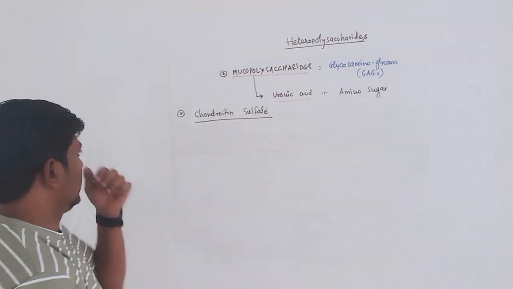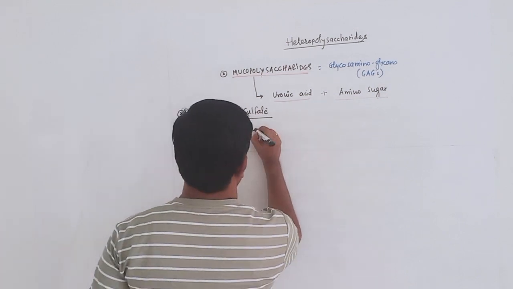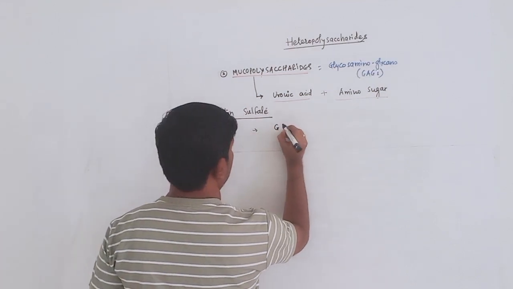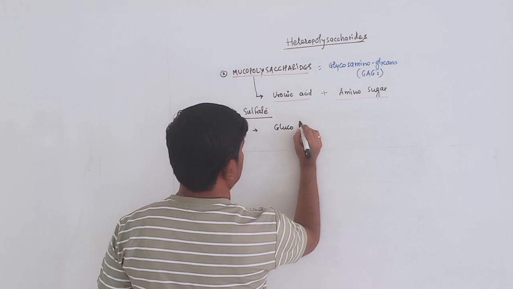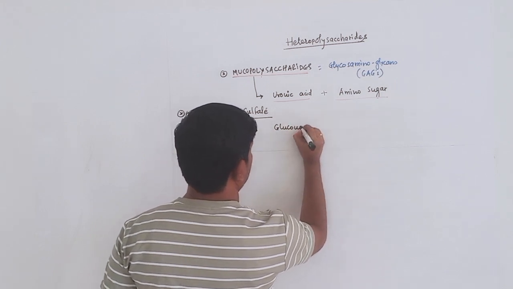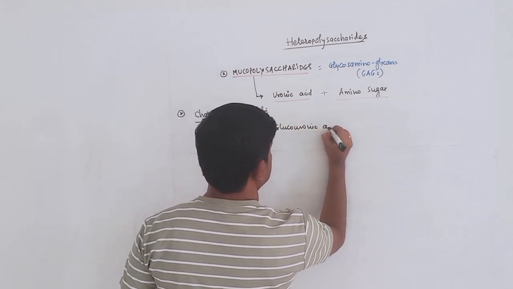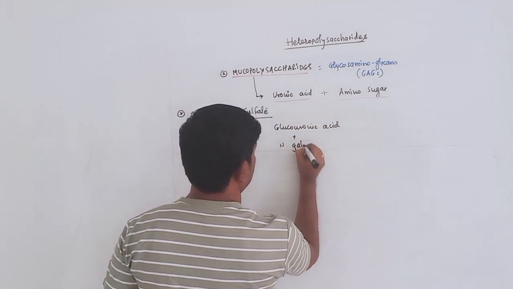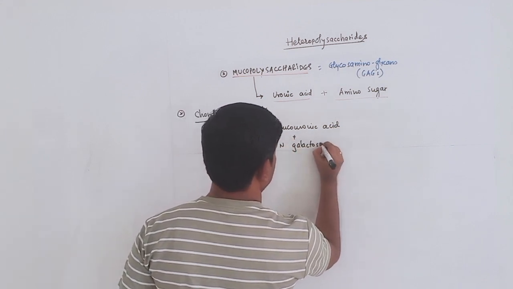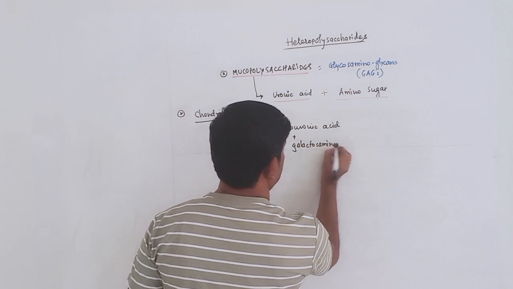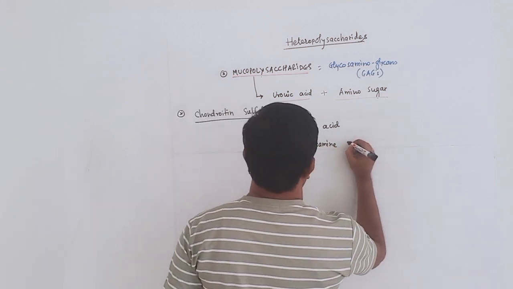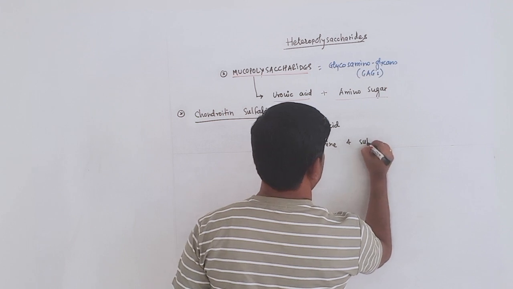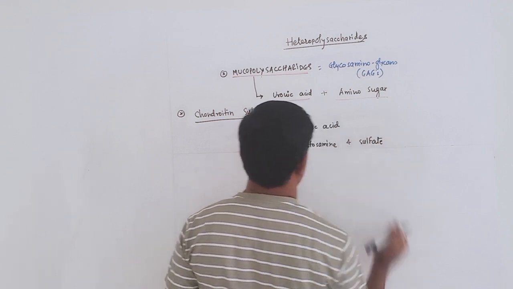This chondroitin sulfate is mainly composed of glucosamine, glucuronic acid, and galactosamine 4-sulfate. Okay.